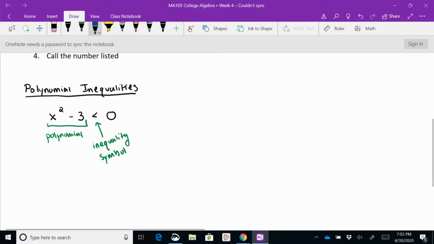So one way that we can think about these is to think about the polynomial as a graph. X squared minus 3 as a graph. So if we were graphing this, we would have y equals x squared minus 3. If you had an equation and you graph it, you set it equal to y.